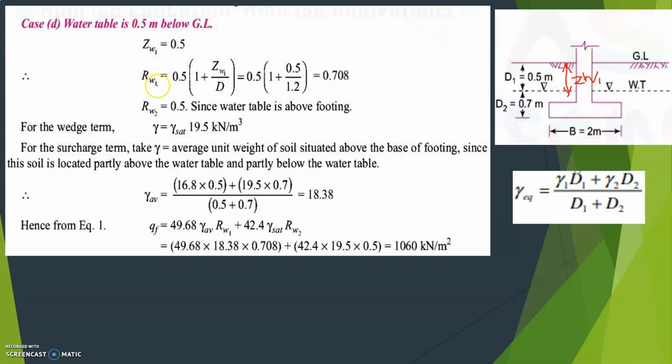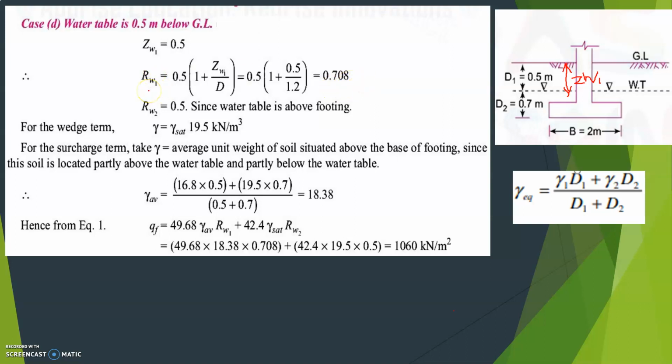So now use this equation: RW1 is equal to 0.5 of 1 plus ZW1 divided by D. That is 0.5 into 1 plus ZW1, that is 0.5, divided by D, the depth of the foundation, which is 1.2 in total, that is equal to 0.708.